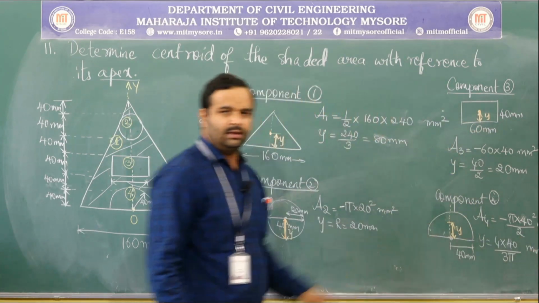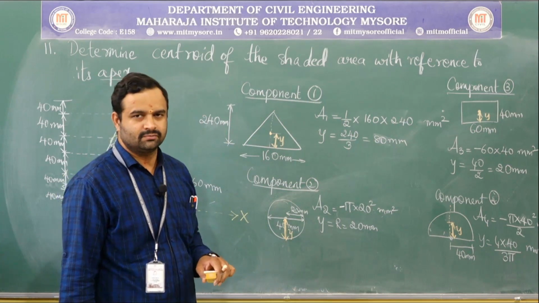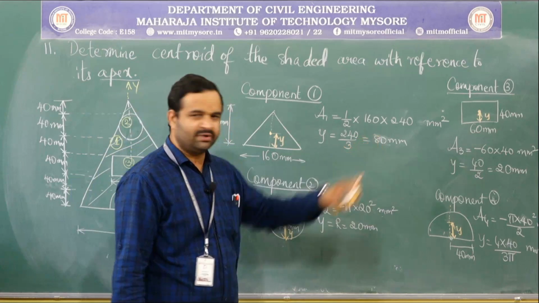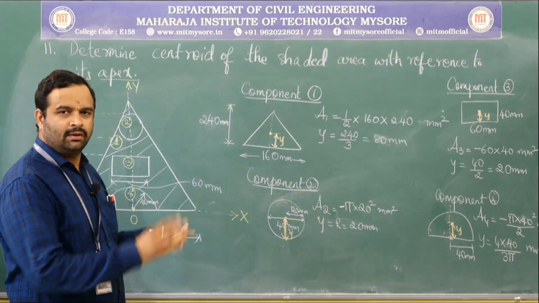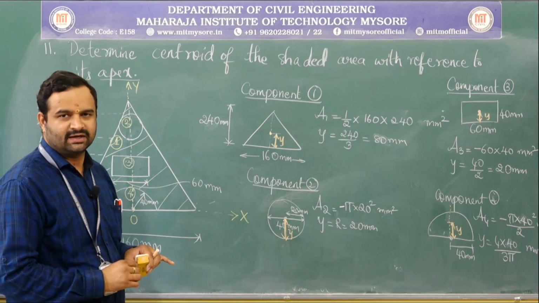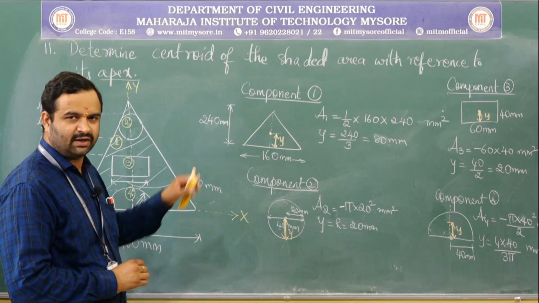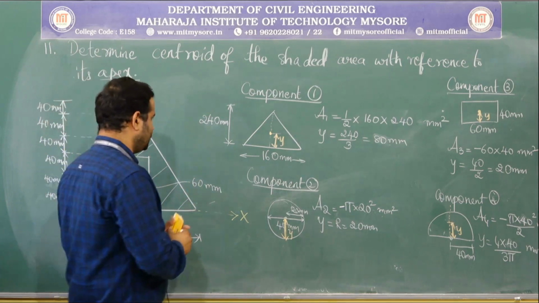This is the y component of component 4. Now, we need to measure all these y components with respect to the given axis. Shall we write the table now? Yes, we shall proceed with the table.